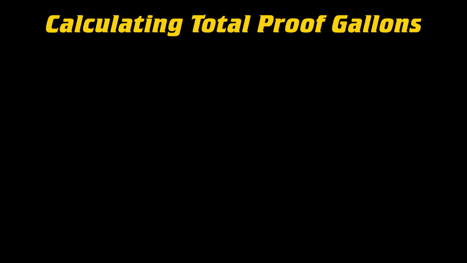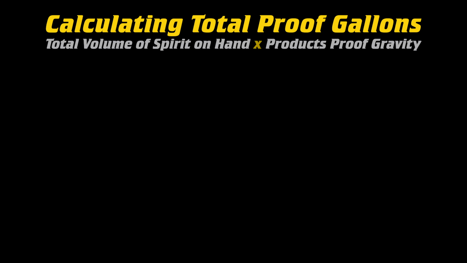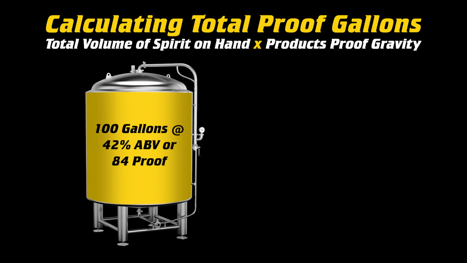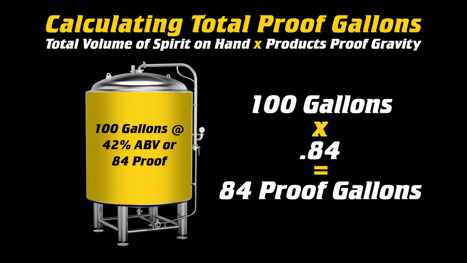In order to calculate your total proof gallons, you take the total volume of spirit you have on hand and multiply it by the product's proof gravity. If you have a tank with 100 gallons of product at 42% alcohol or 84 proof, your calculation goes 100 gallons times 0.84 equals 84 proof gallons.